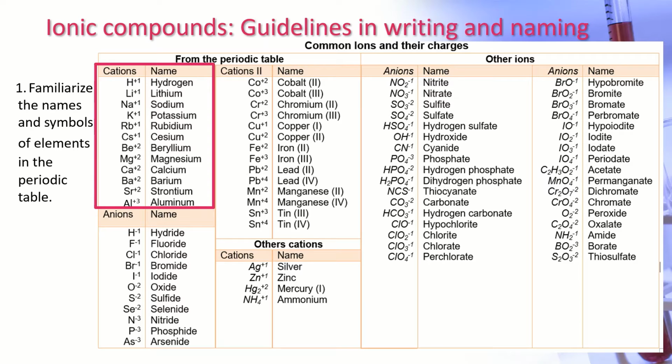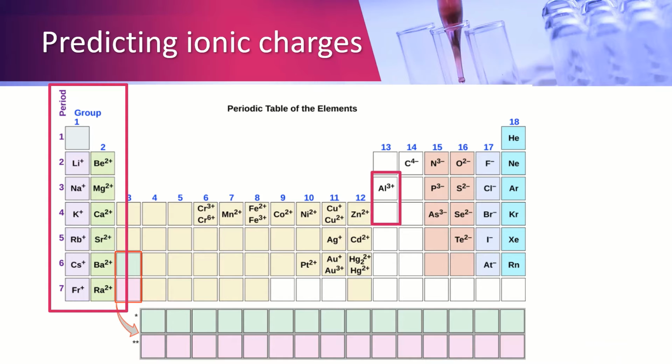For common cations, elements in group 1A have a charge of +1, group 2A a charge of +2, and aluminum in group 3A a charge of +3. These were also explained in my discussion on periodic table, wherein you can predict the ionic charges as illustrated here.